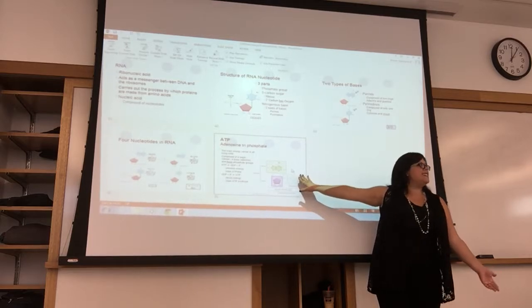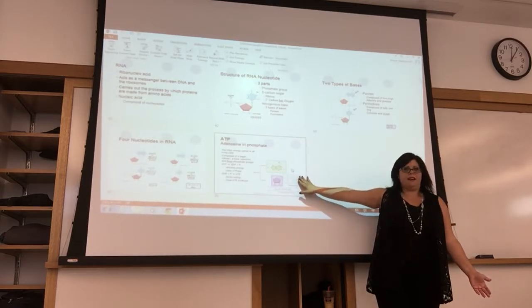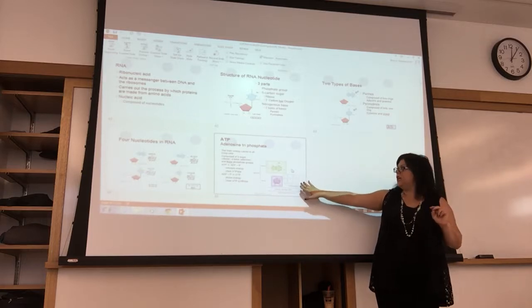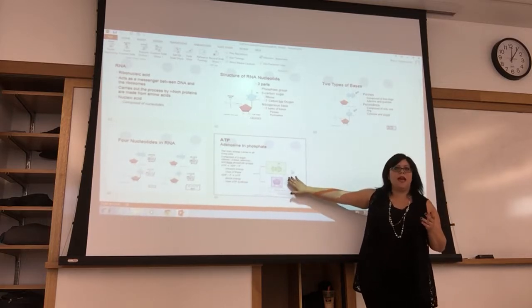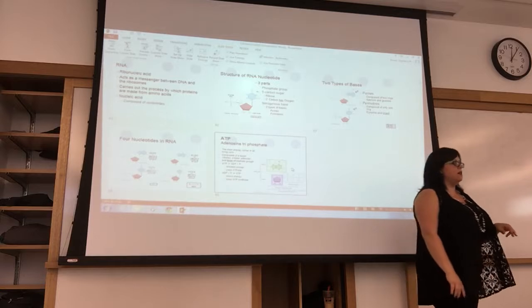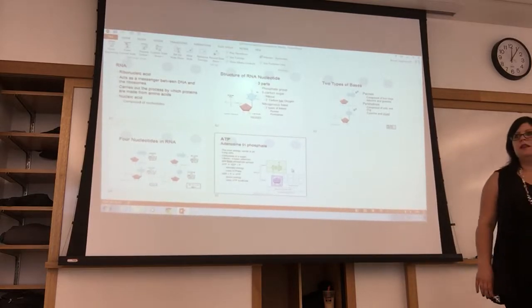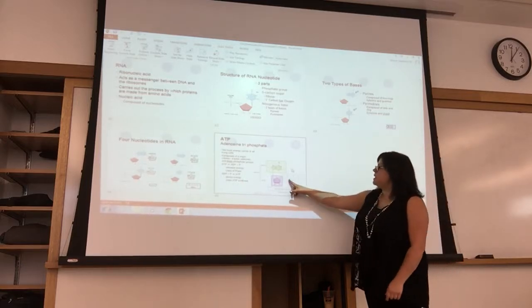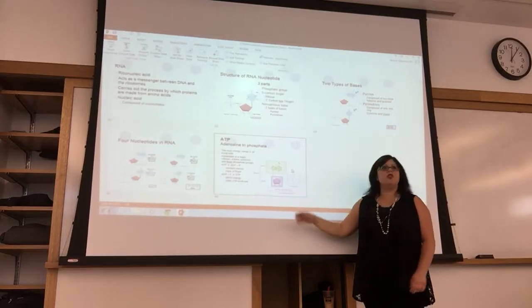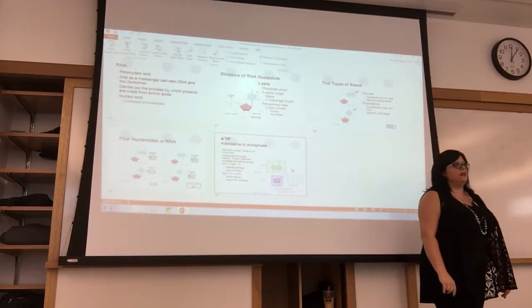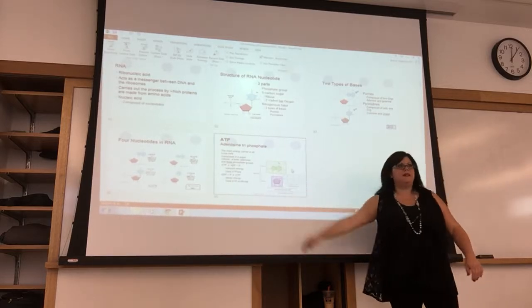What's the D? Di means 2. And I can even take another phosphate away, and then I would have AMP, adenosine monophosphate. So the energy is in between these phosphate bonds. There's no genetic material here. And we will definitely come back to this more too.